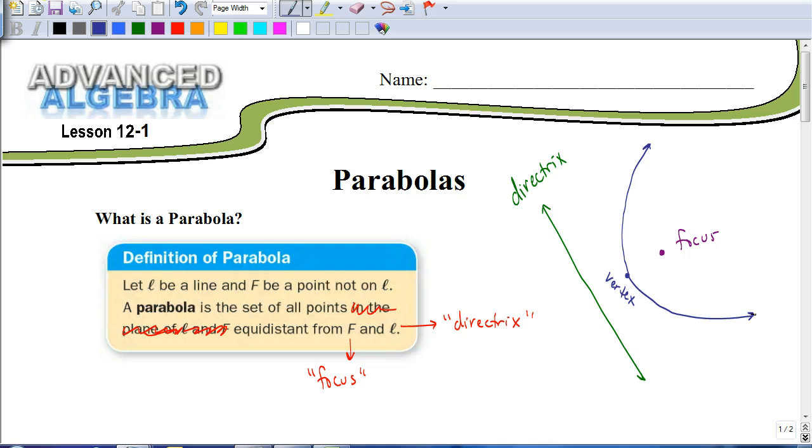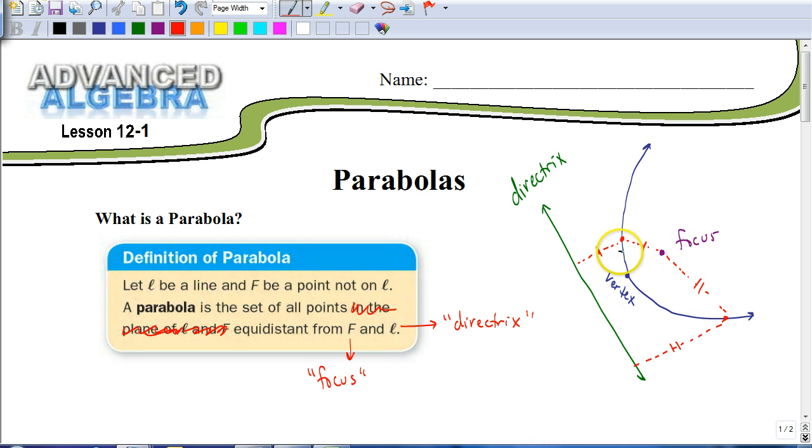For example, I know this isn't a perfectly drawn parabola, but it's kind of close. Let's say if I pick this point here, if this was a perfectly drawn parabola, this distance and this distance would be the same. Or if I pick this point over here, that distance to the directrix and the distance to the focus would be the same.